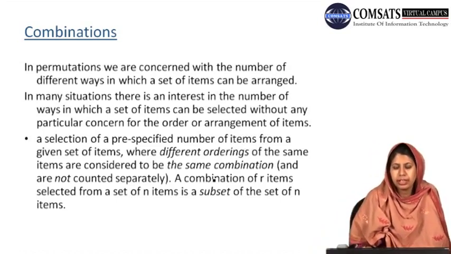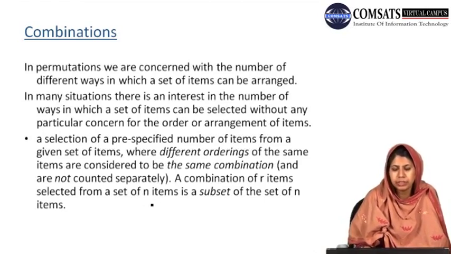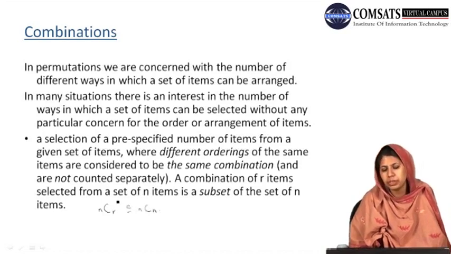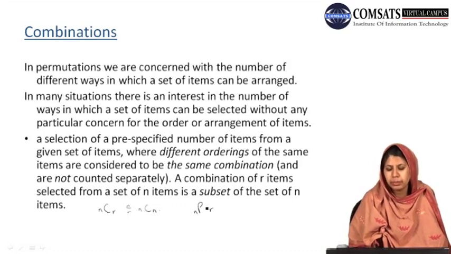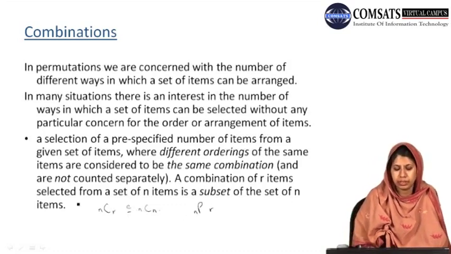If we are given n items in total and we have to select r items, then the combination nCr will be a subset of nPr, where C represents the combination sign and P represents the permutation sign.